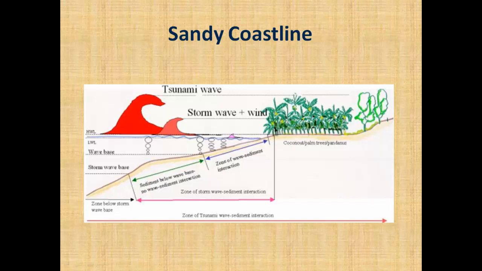So the loss of vegetation, like coastal trees. When you lose this type of vegetation, you can't protect. The soil isn't protected from the wind anymore, and the waves, and you're losing the material.